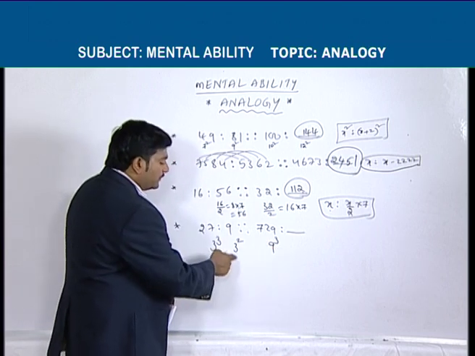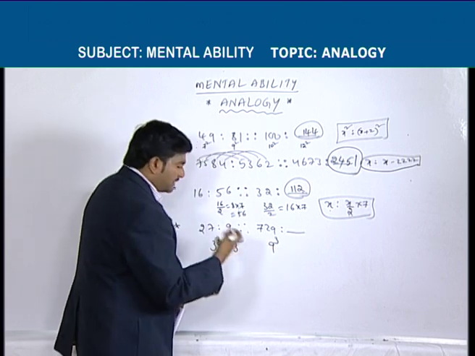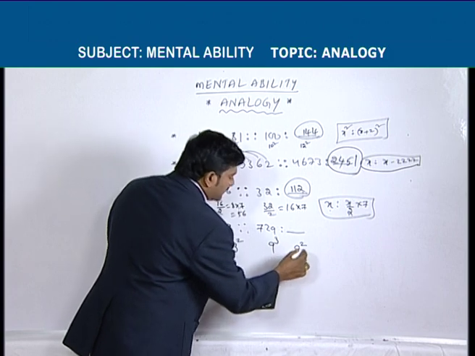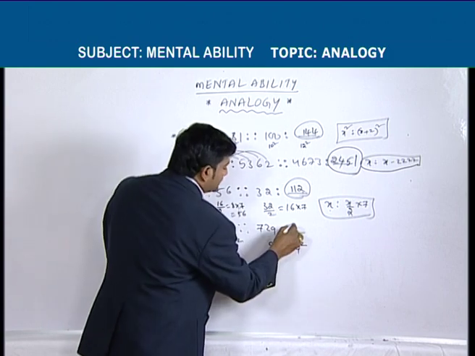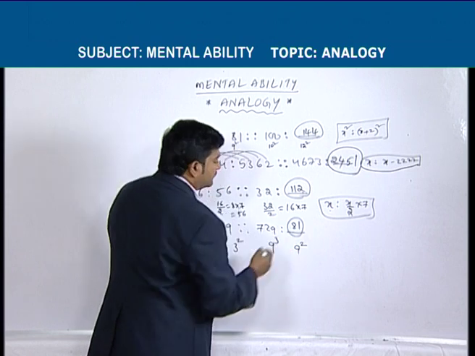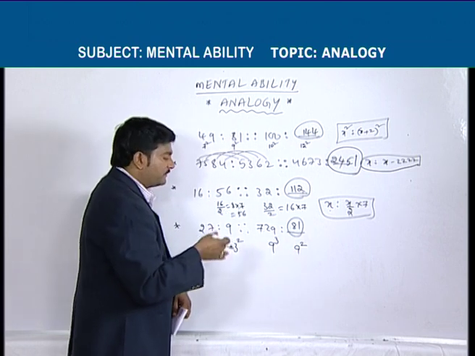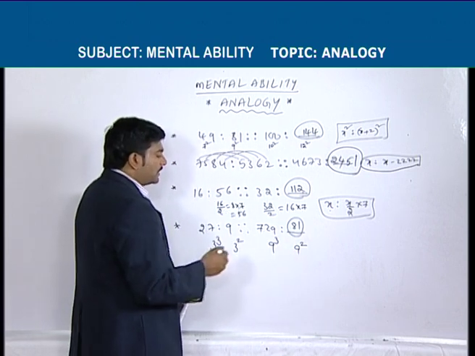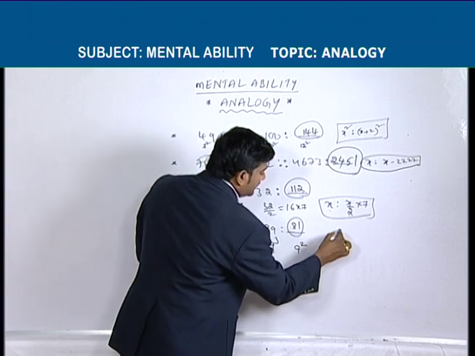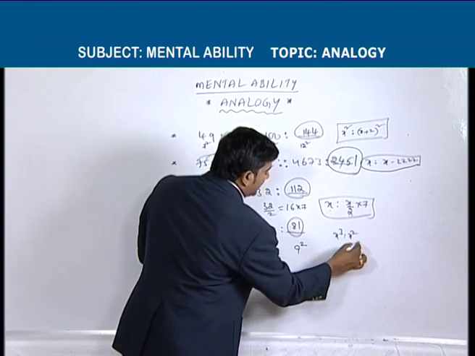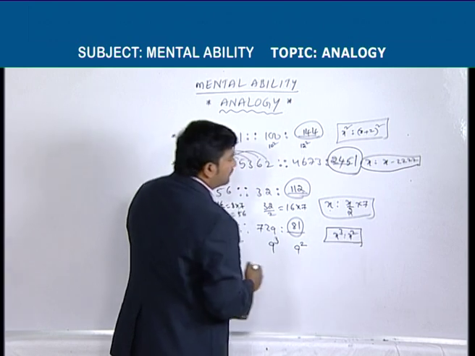So 3 cube, 3 square. That's why 9 cube, next 9 square you have to get. So 9 square means 81. If you write in general, the concept involved in this question is x cube is to x square.